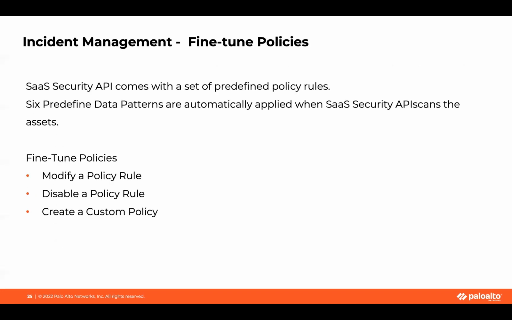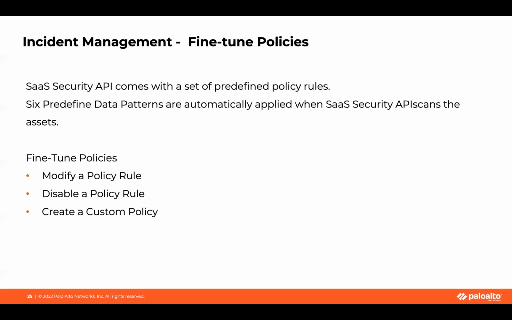What is fine-tuning a policy? We mentioned that SaaS Security API comes with a set of predefined policy rules. There are 6 predefined data patterns which are automatically applied when it scans assets. These include data patterns to match data related to PII, intellectual property, finance, healthcare data, legal, and malware.